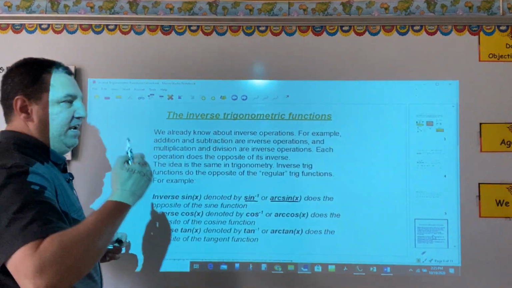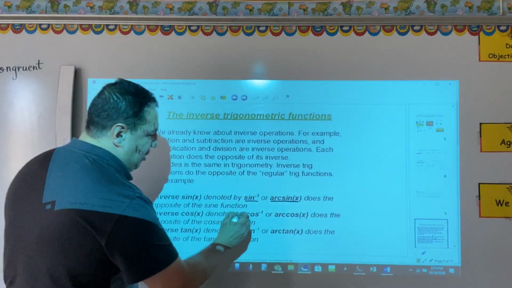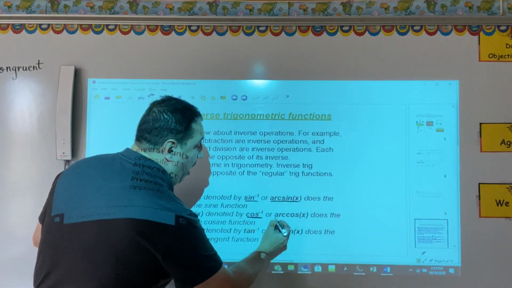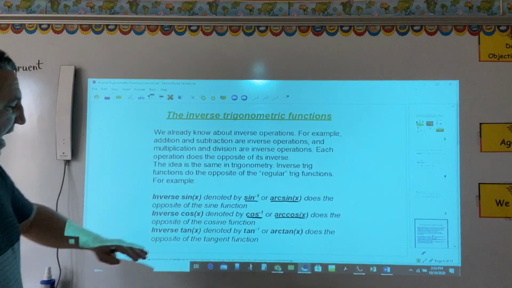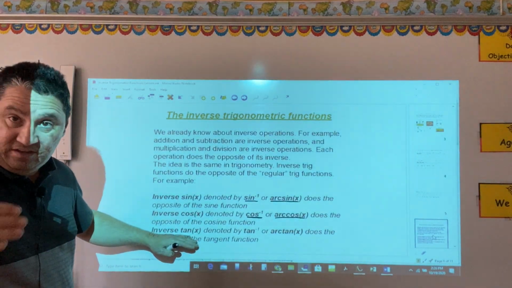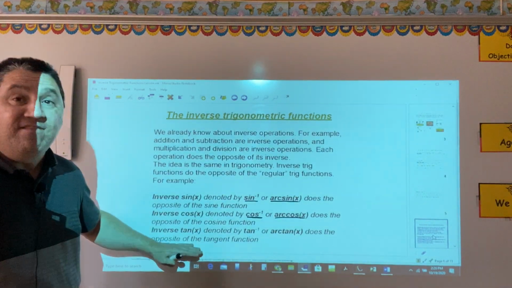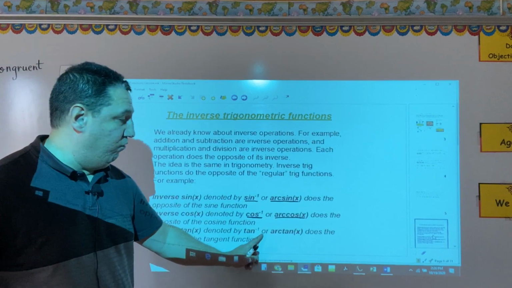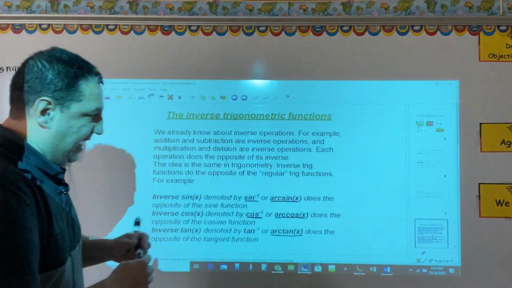For cosine, we have the inverse of cosine, denoted by cosine of -1 or arc cos of x. And for tangent of an angle, we have the inverse of tangent, denoted by tangent of -1 or arc tangent of x.